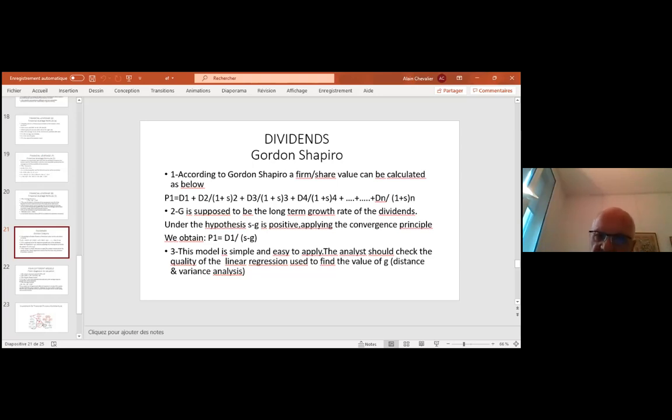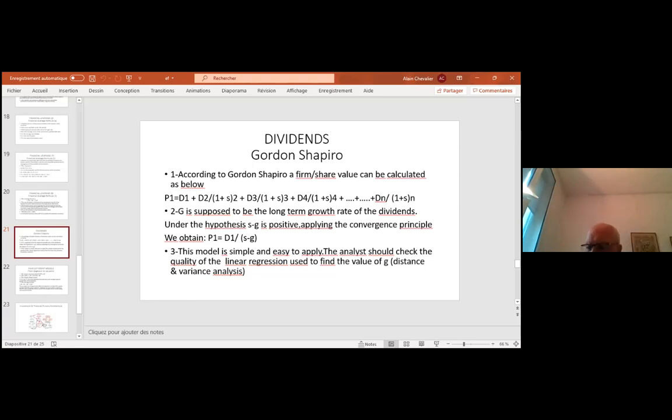This model is, of course, very simple, easy to apply. We have other elements to check below if we want to have a good idea of the quality of the calculation of the results. It's based on the linear regression, and we have to check the quality of the linear regression.